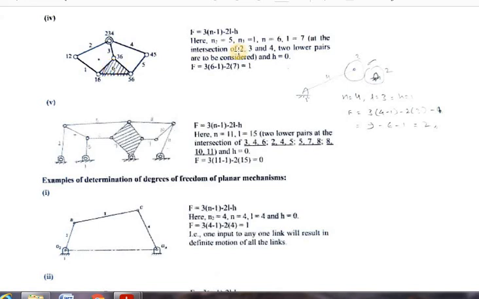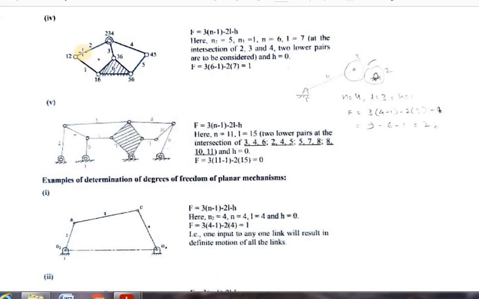Next we have to find L, the number of lower pairs. So this is one pair which connects link number 1 and 6, so this is lower pair 1.